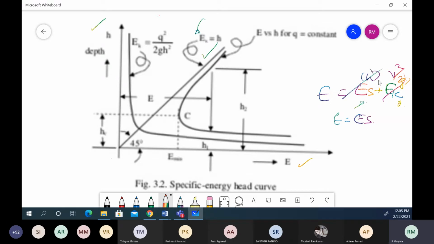Similarly, if I am taking this as 0, then I will have only kinetic energy, that is EK, with velocity per unit width, which is usually the definition for specific energy. That will come later, why we are getting this.